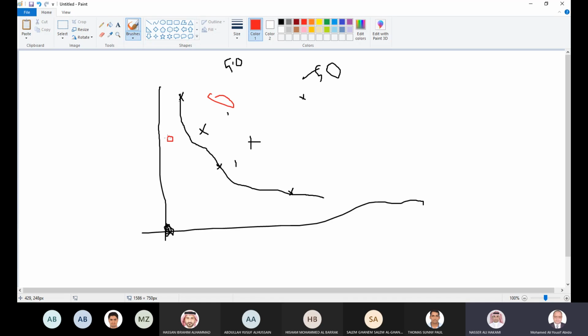You plot these red colors. The one above the line is very near to the line, and this one is far from the line. So this one, of course, is much better than the solution in the Pareto front, although the distance is higher.